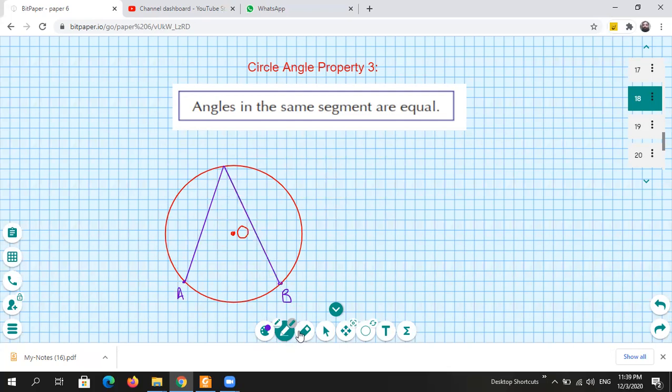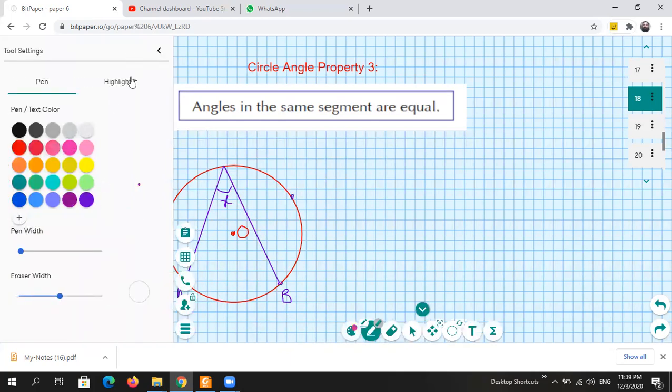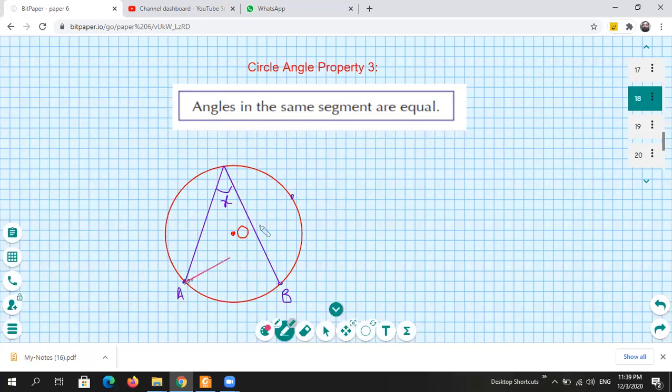this one, suppose this is X. Similarly, a point is chosen here and make an angle with A and B. Then this angle will be X as well.